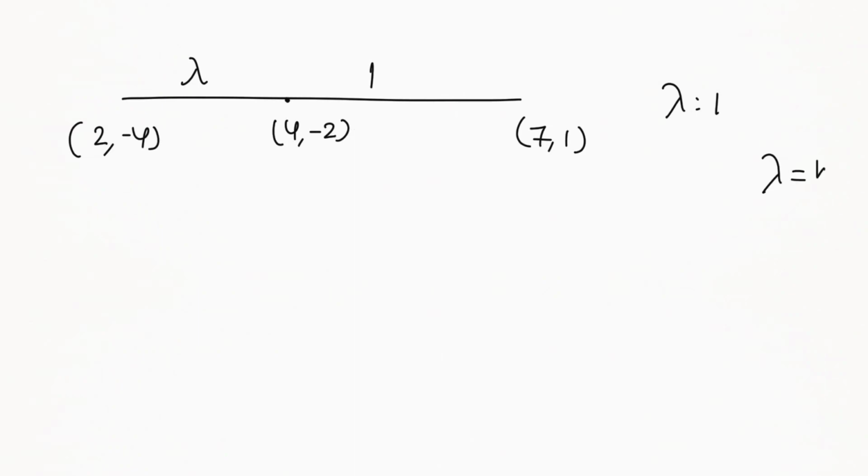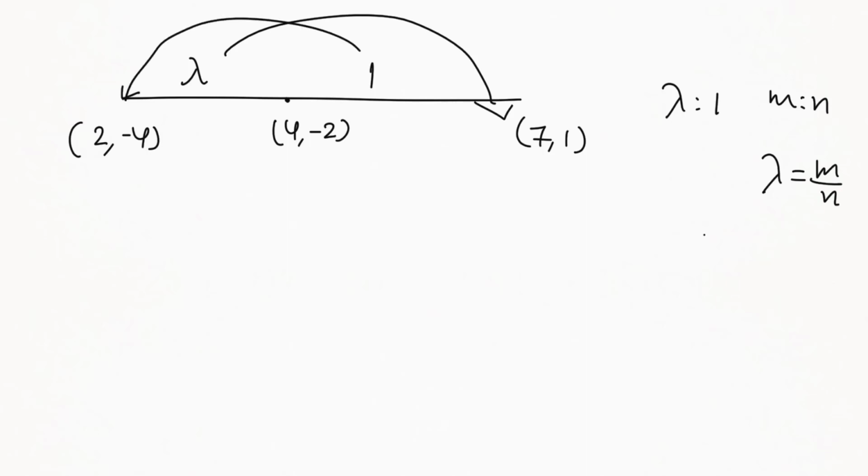If lambda is m over n, then lambda is to 1 is equivalent to m is to n. You can try solving using m and n, but ultimately the calculation will be a little bit lengthy. When this is lambda is to 1, just apply the section formula, this into this and 1 into this, x and y coordinate.